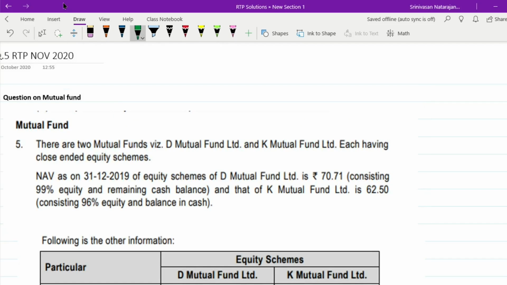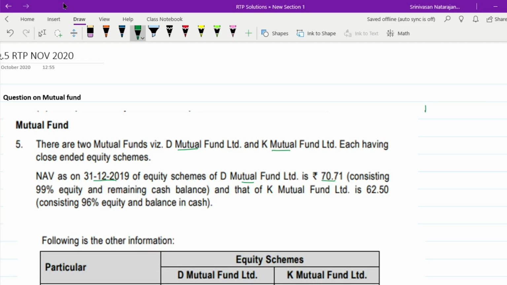Okay, let us first go through the problem. There are two mutual funds, namely D mutual fund and K mutual fund, each having closed-ended equity schemes. NAV as on 31/12/19 of equity schemes of D mutual fund is 70.71, consisting of equity 99% and remaining cash balance.